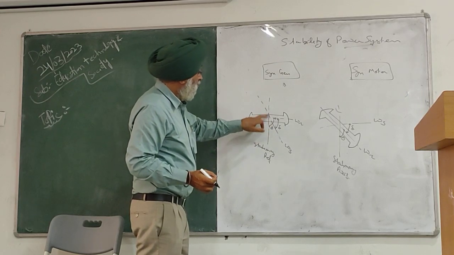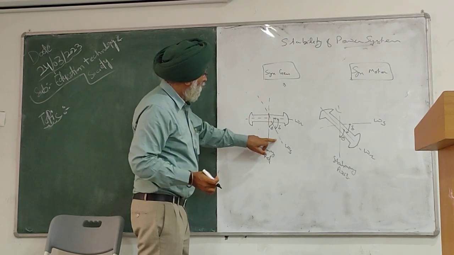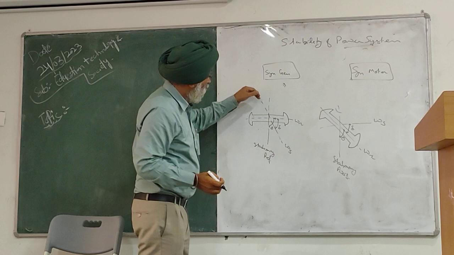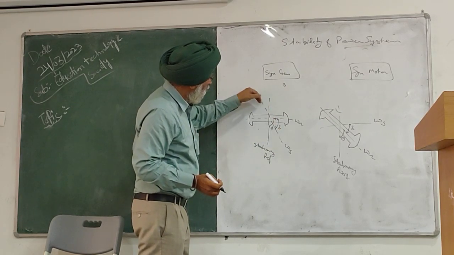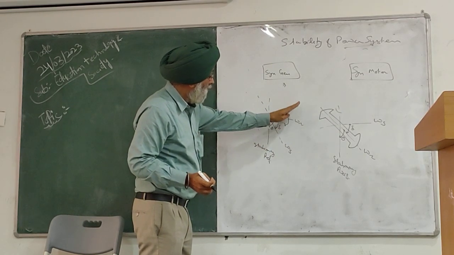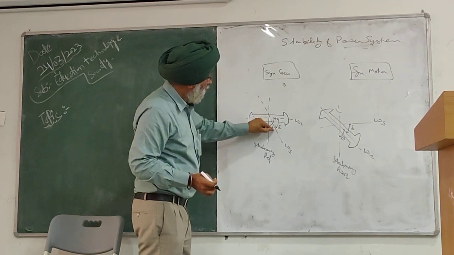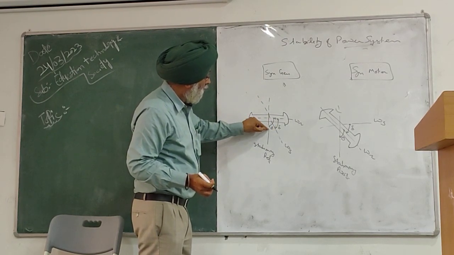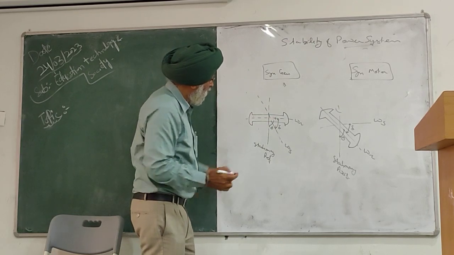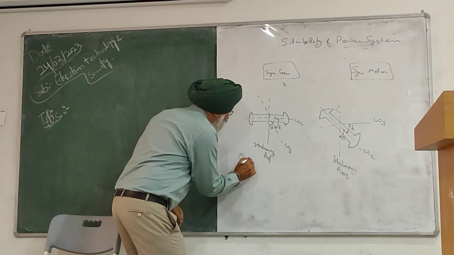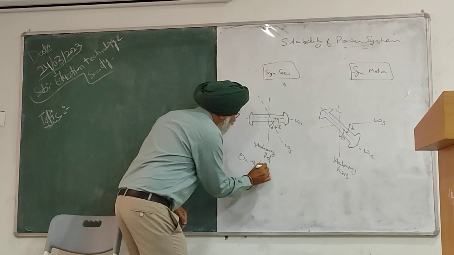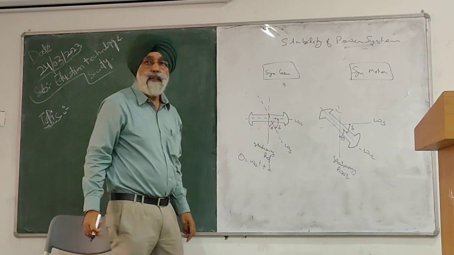So here, this synchronously revolving axis is rotating at the synchronous speed. This is the angle covered by theta in the case of the generator. Theta is equal to omega s t plus delta.